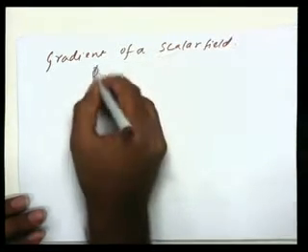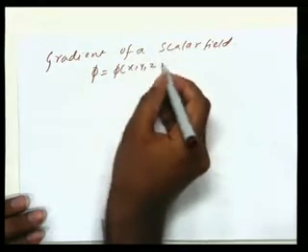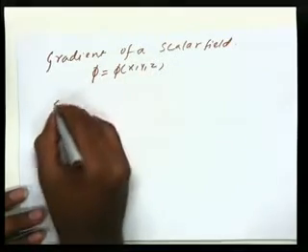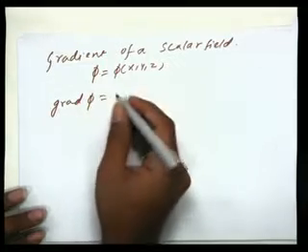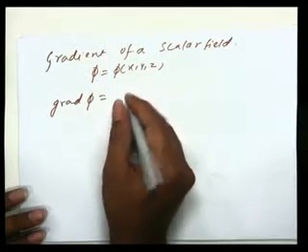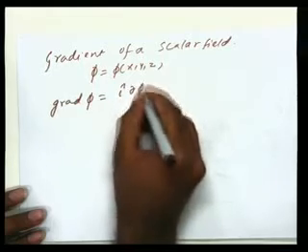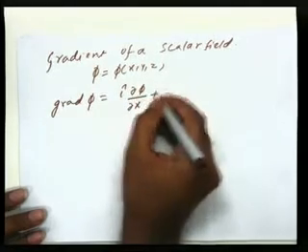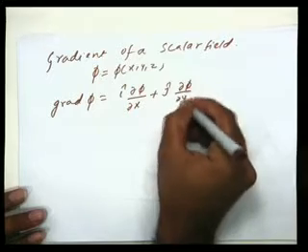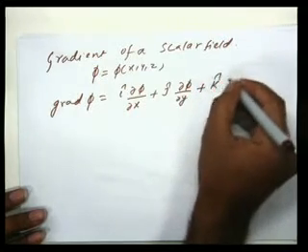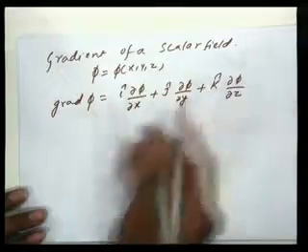If phi is any scalar represented by the function phi(x, y, z), then grad phi can be represented this way: grad phi is i cap ∂phi/∂x plus j cap ∂phi/∂y plus k cap ∂phi/∂z.